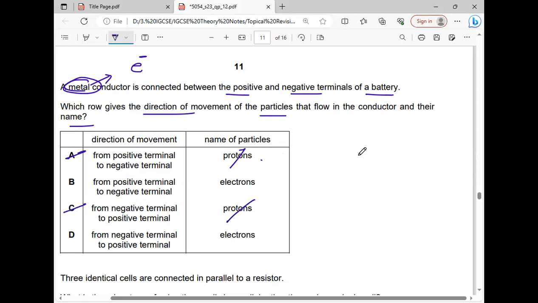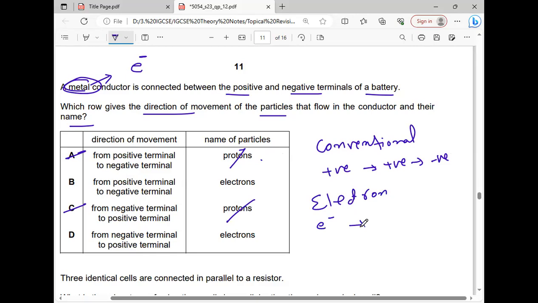Direction. We know that there are two types of currents, conventional and electron. In conventional current, positive charges flow from the positive to the negative terminal. While in electron current, current flows due to electrons and they always move from the negative to the positive terminal of the battery.